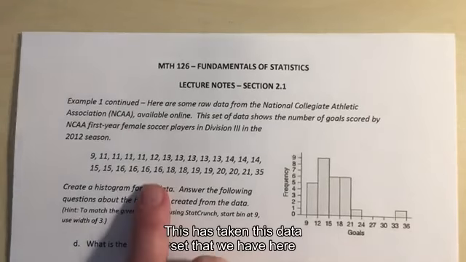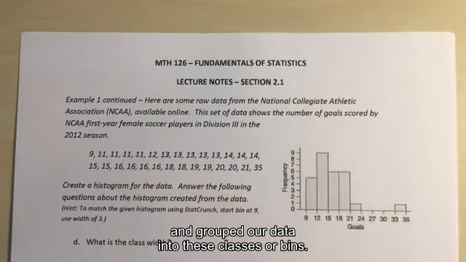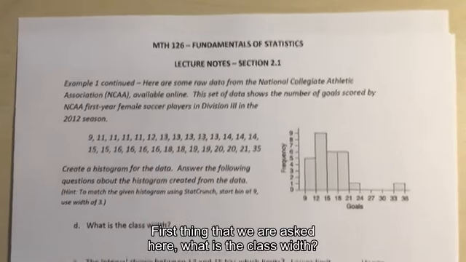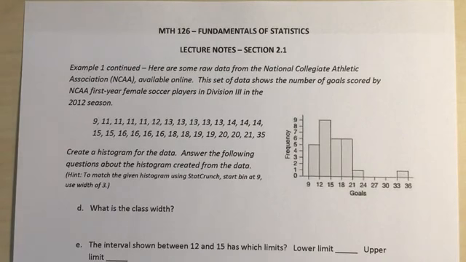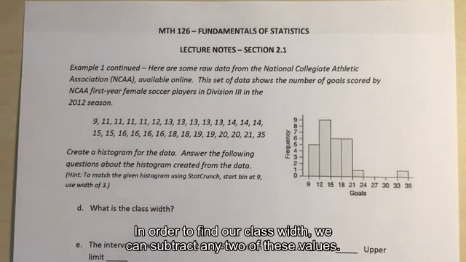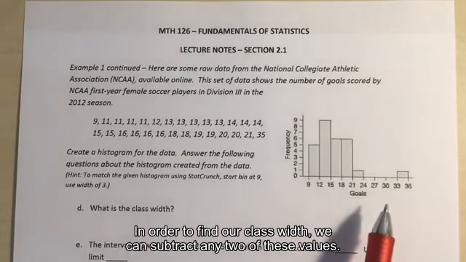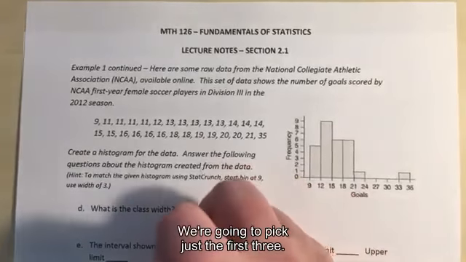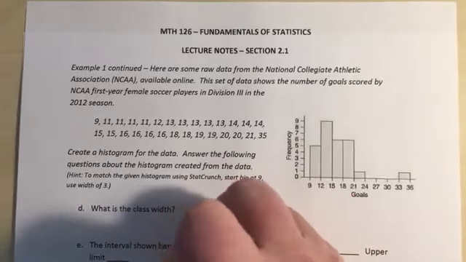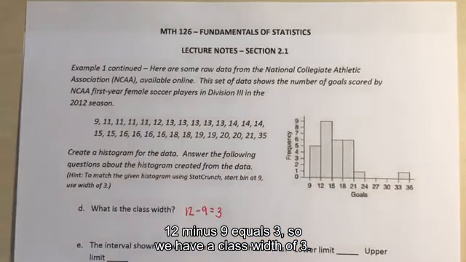This has taken the data set that we have here and grouped our data into these classes or bins. The first thing we are asked is, what is the class width? In order to find our class width, we can subtract any two of these values. It doesn't matter what we pick, so we're going to pick just the first two: 12 minus 9 equals 3. So we have a class width of 3.